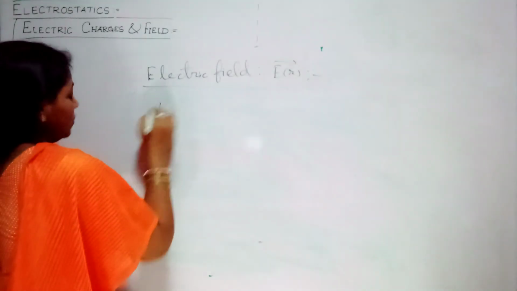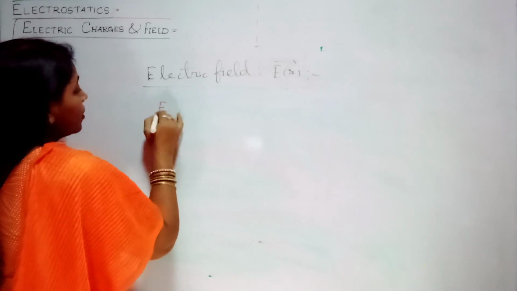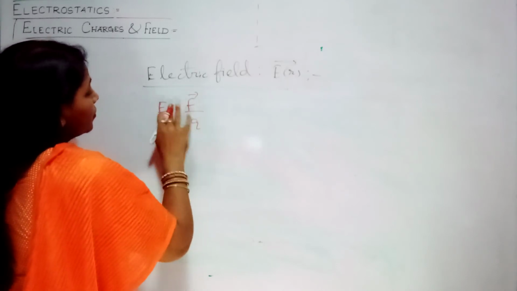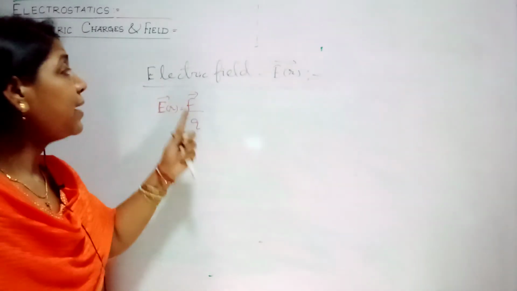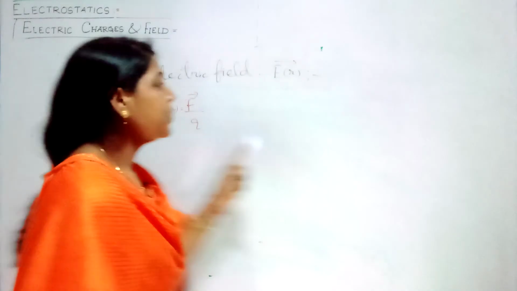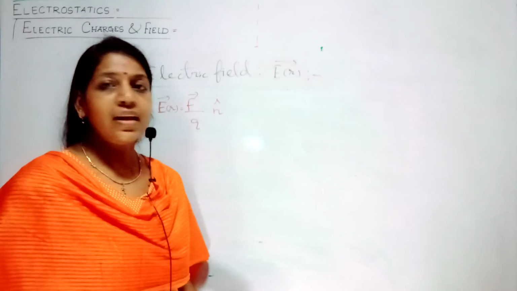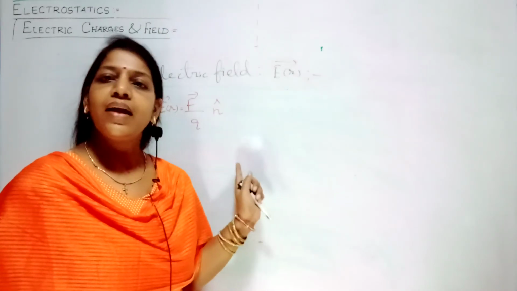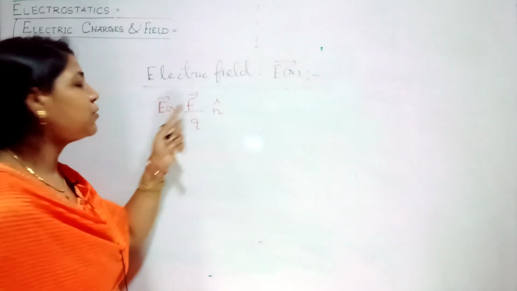We'll write E equal to F by Q. Electric field is a vector, so always mention it as n cap. Electric field is a vector. It is always associated with a direction along with the magnitude. So hence mention E equal to F by Q.